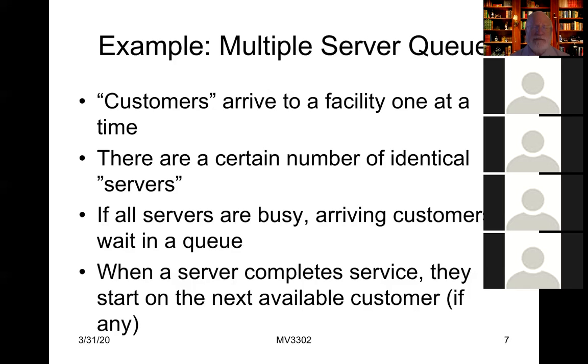Everybody waits in one queue. A queue is just a fancy word for waiting in line. And when a server completes service, they will start on the next available customer. And the customers arrive according to something like an arrival process.